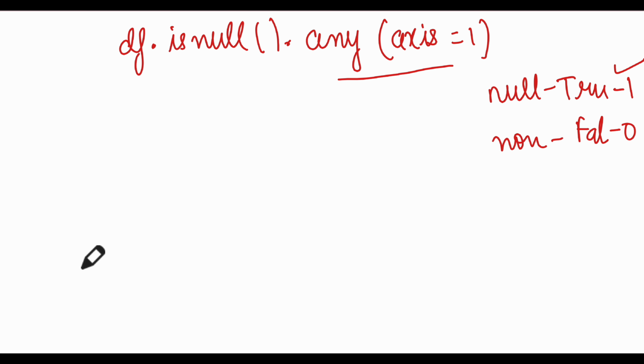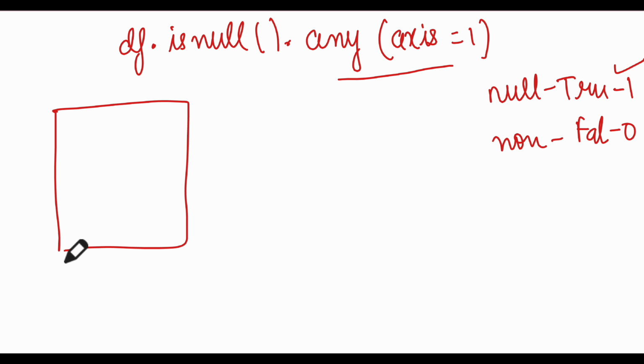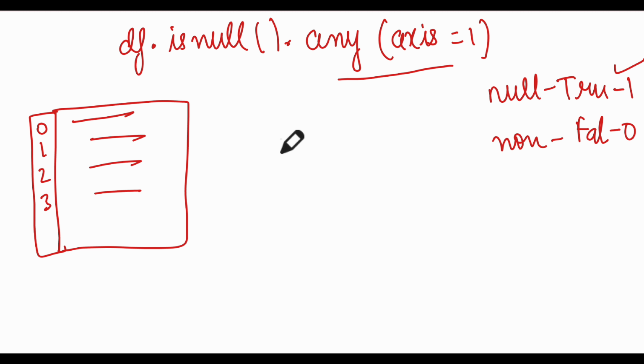So one more thing, for example, let us say we have a data set. What do I have? I have a row, row number 0, and I have information 1, information 2, information 3. Let us say I want to iterate over these rows and do something. For example, I want to print each row. So there is a method called iterrows.